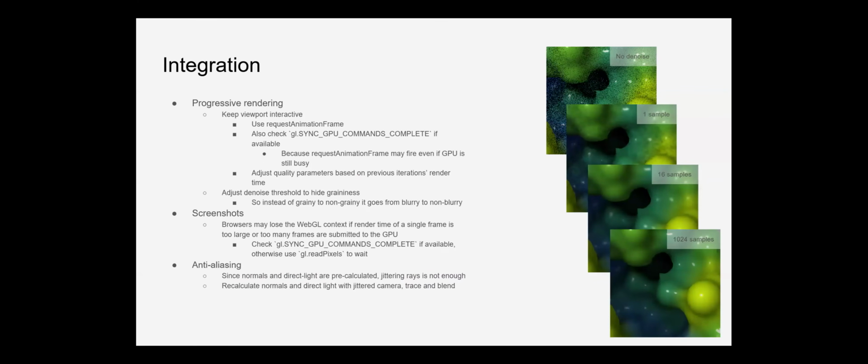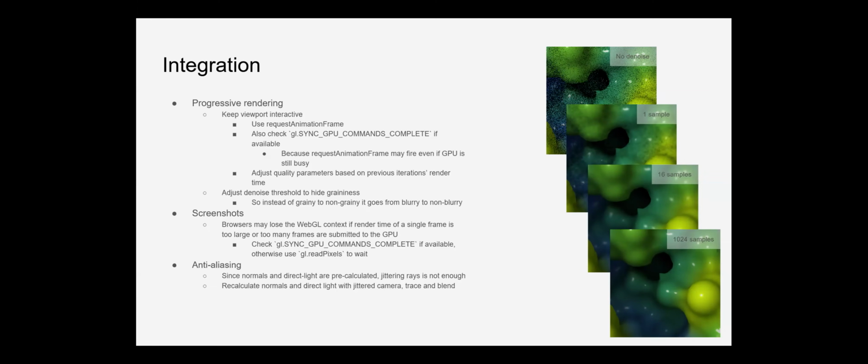And then, with that, a few notes on integrating this into the Molstar viewer. We do progressive rendering if the user enables the SSGI mode, to keep the viewport interactive.